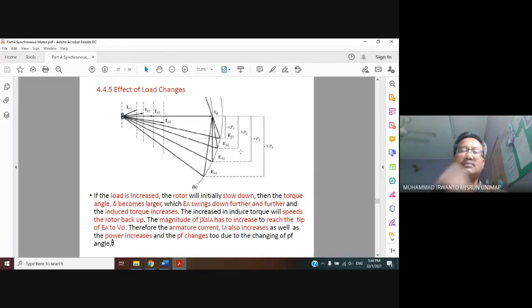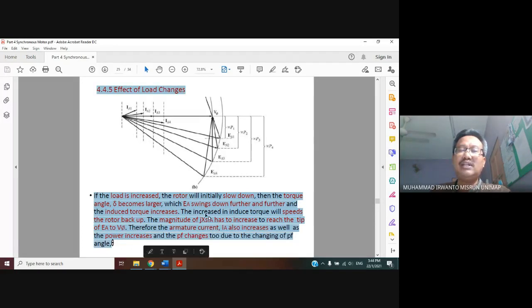Okay, now so we can see if the load is increased, the rotor will initially slow down. Then the torque angle theta becomes larger, and the induced torque increases. The increased induced torque will speed the rotor back. The magnitude jXS IA has to increase to reach the tip of EA to V phase.